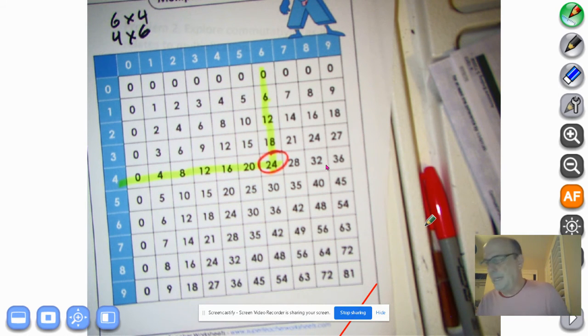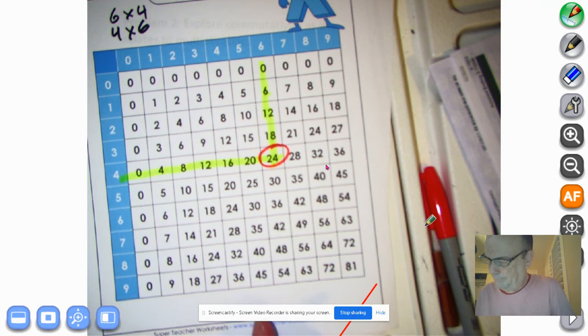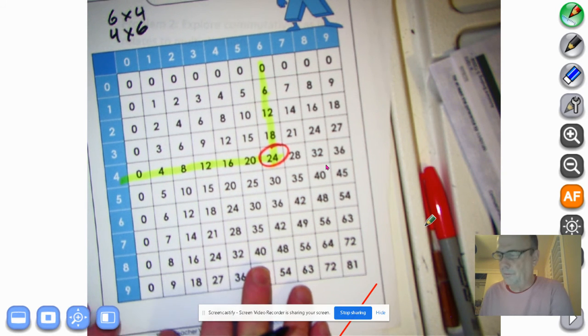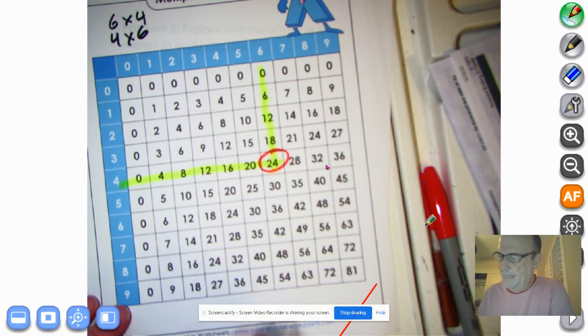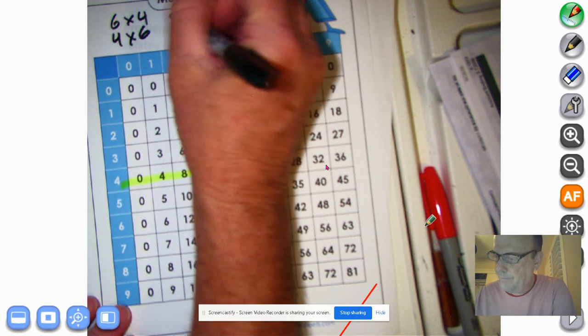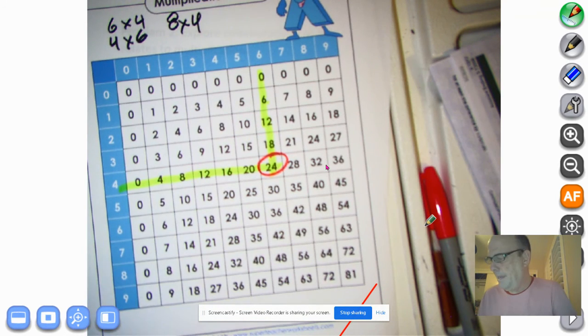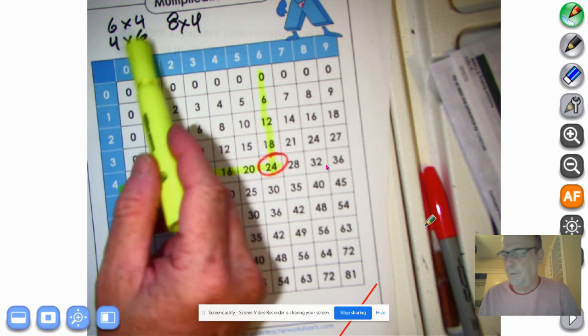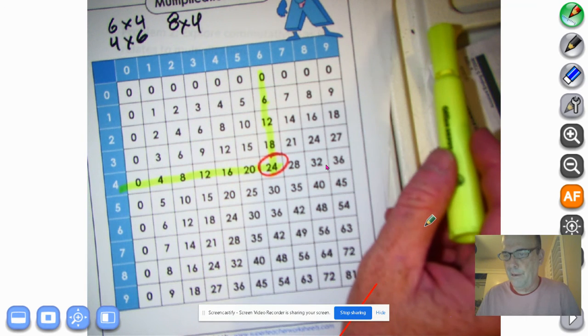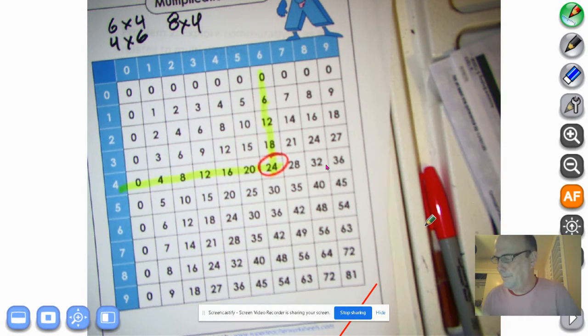Let's do another example of the commutative property. We've done that quite a bit. You know, this is always one that kind of gives us some problems, it seems like. Let's do 8 times 4. Okay, 8 times 4. And once again, we're going to start from this corner and go that way to the right.